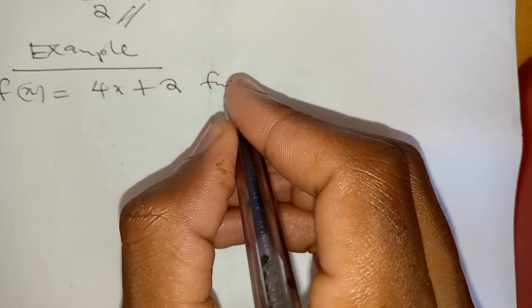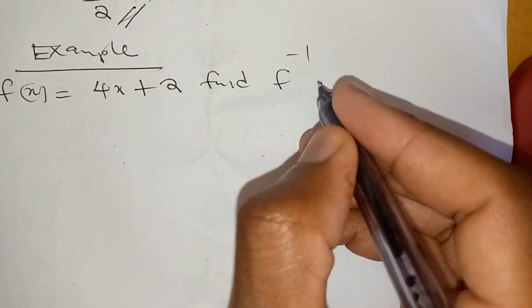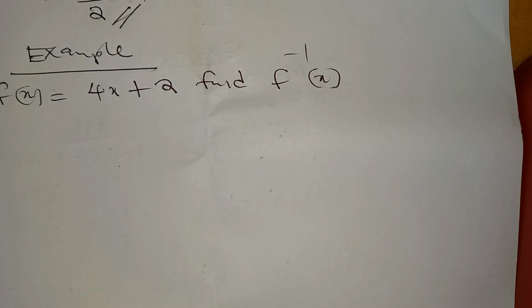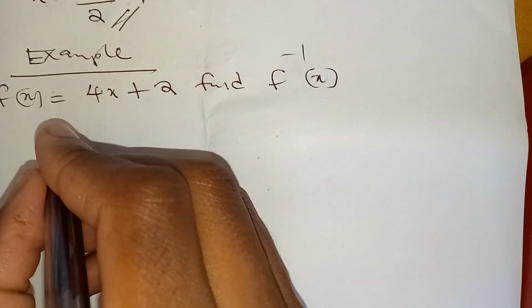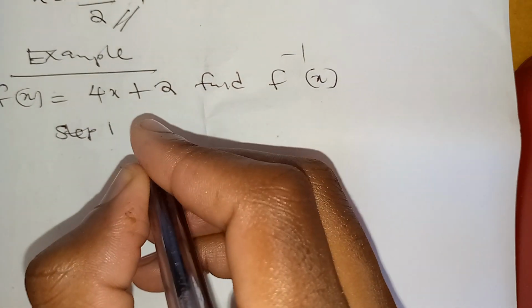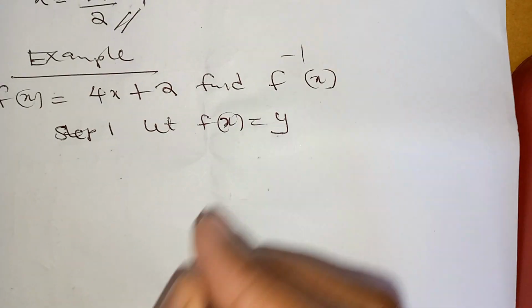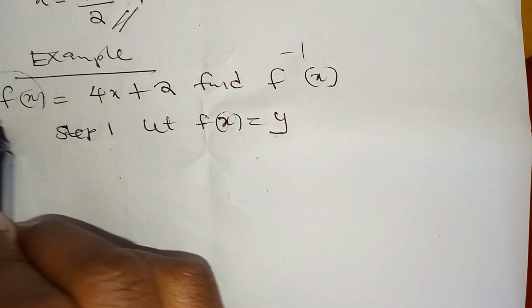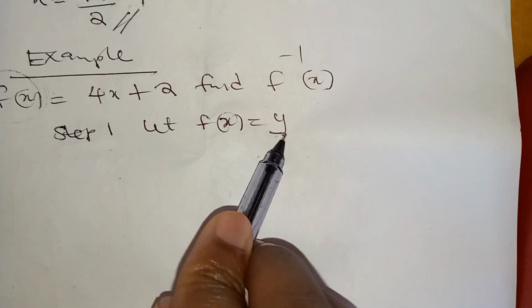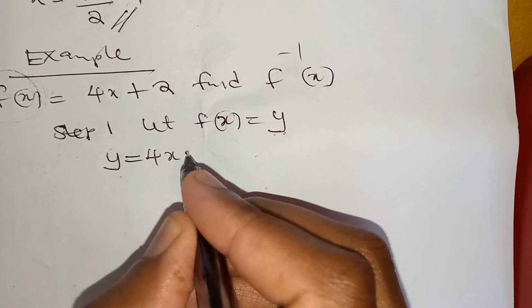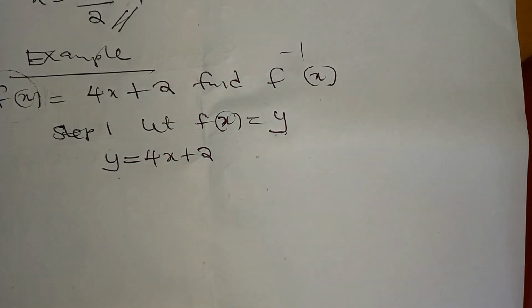They say find f inverse of x. So the first step, we say step one, we let the function f of x equal to y. That means this part we substitute it with what? y. So it's going to turn to y is equals to 4x plus 2.